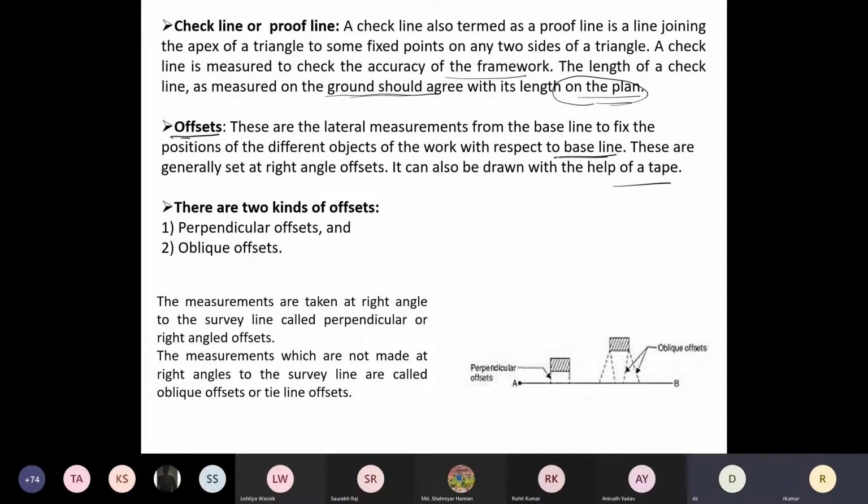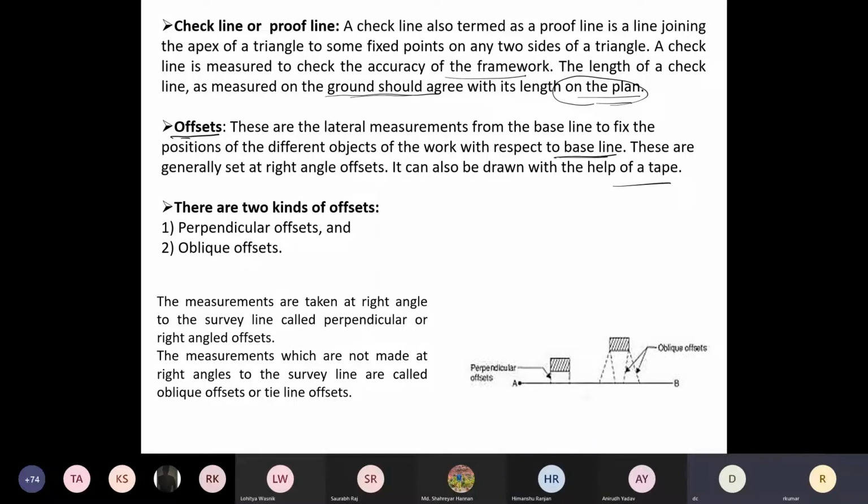Yes, one of you please tell the use of offsets. Himanshu Ranjan, can you tell? Sir, offsets are used to locate the surrounding structures. We take measurements using a tape, that's what sir told right now.